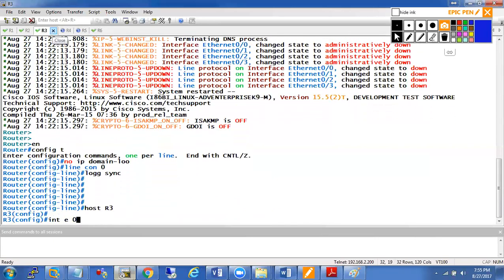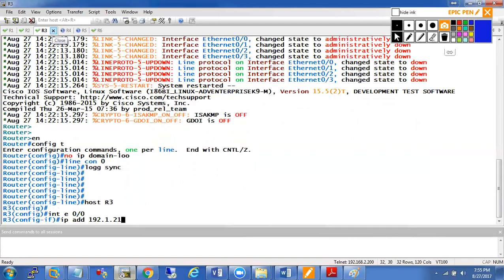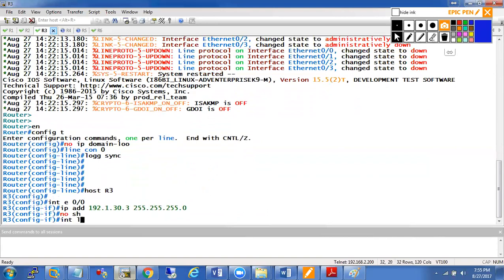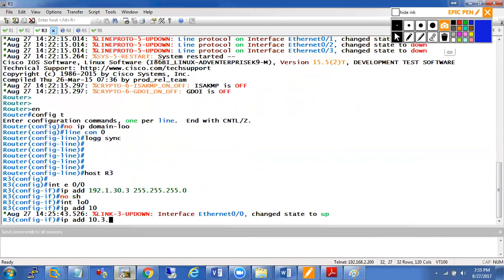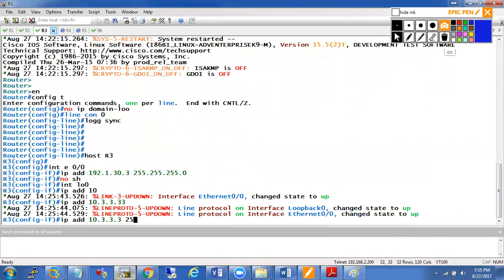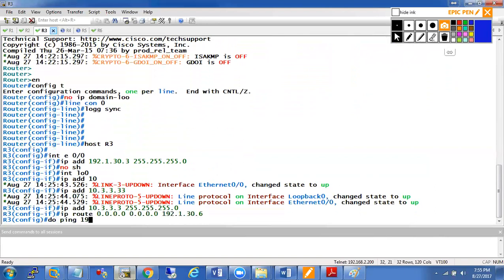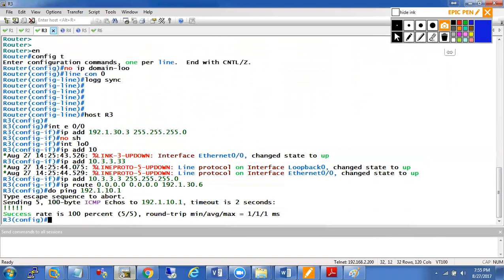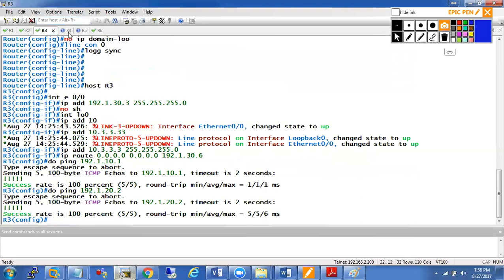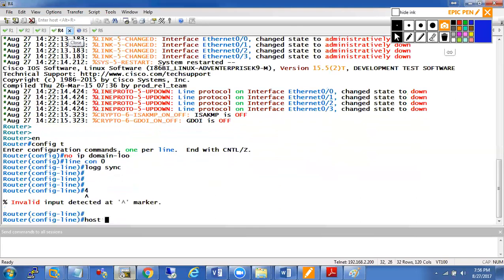Host R3, 30.3. 30.6 should be able to ping 10.1, 20.2, although I'm not going there, but still, just for reachability purposes.